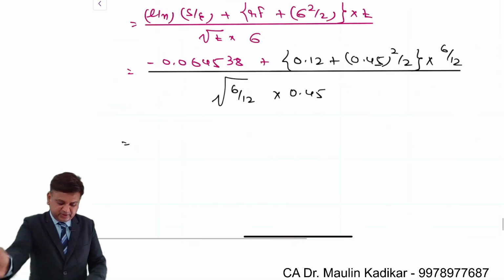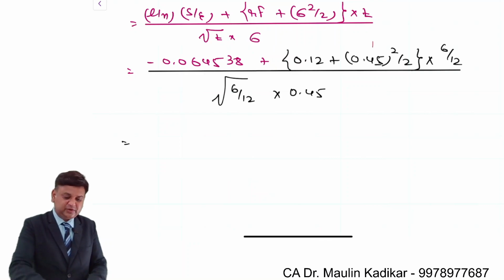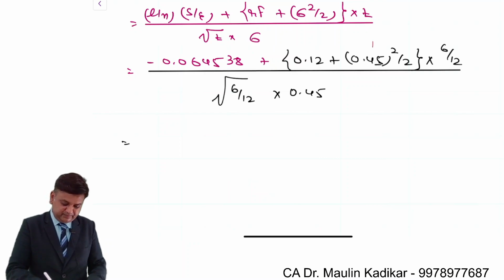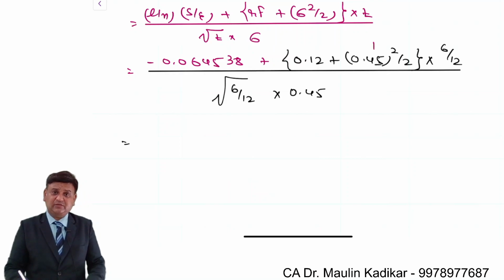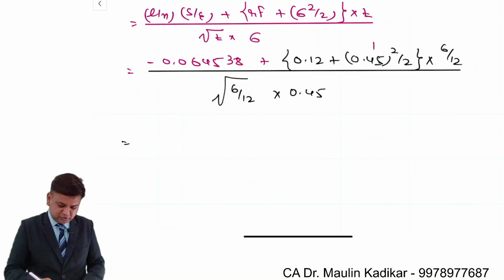So let us see how to do the answer. First of all, square of 0.45 is 0.2025, divided by 2 is 0.10125, plus 0.12 comes to 0.22125, into 0.5.